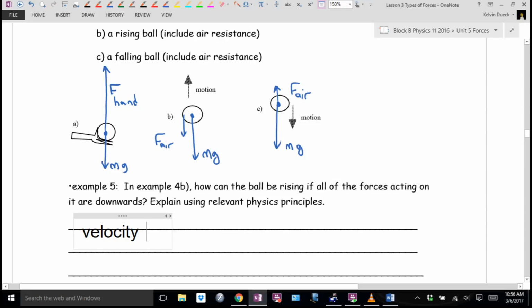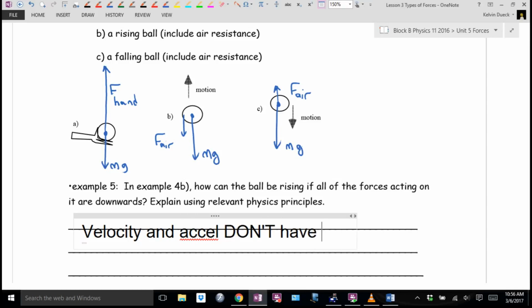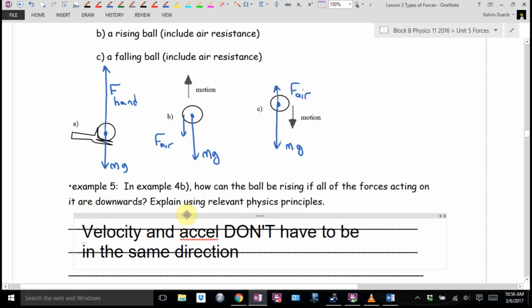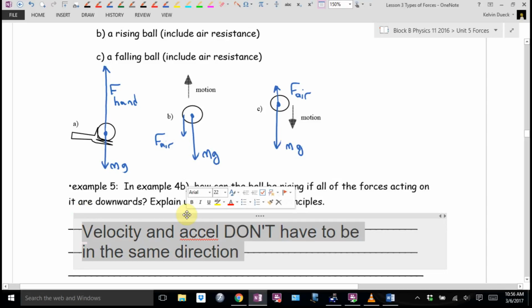Velocity and acceleration do not have to be in the same direction. For example, when you hit the brakes in a car, what direction is your velocity? Forwards. But when you're hitting the brakes, what direction is your acceleration?